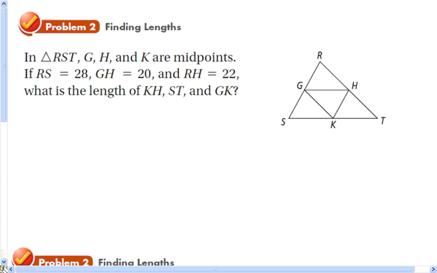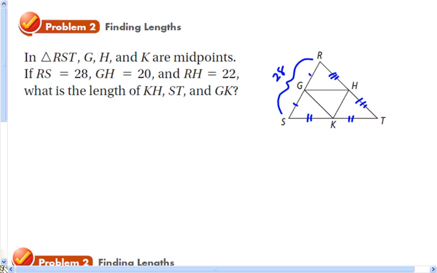All right, triangle RST, G, H, K are midpoints. If RS is 28, so we know those are midpoints, so we know those distances are the same, the segments are congruent. And we know that RS is 28, so that's this distance here.